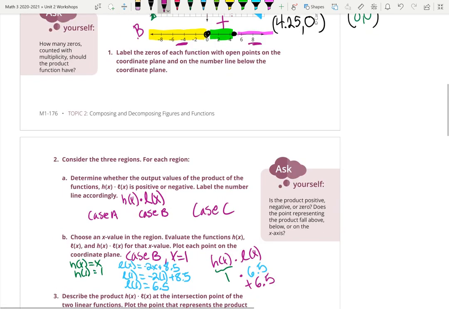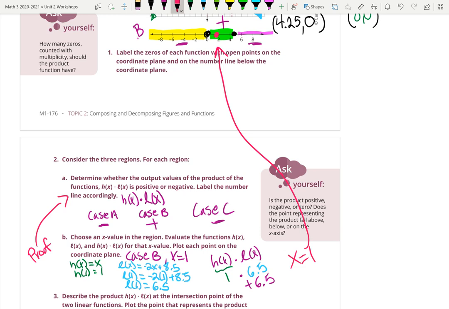Remember above we said case A was going to be negative, case B, case C. Isn't the point when x equals 1 in region B? Notice x is equal to 1. It is in region B. It had a product that was positive. Basically, this is proof of what we were doing in part A.